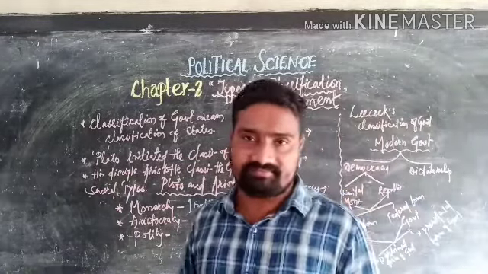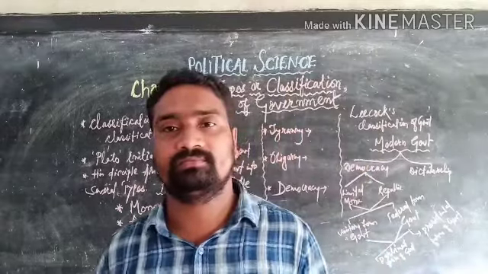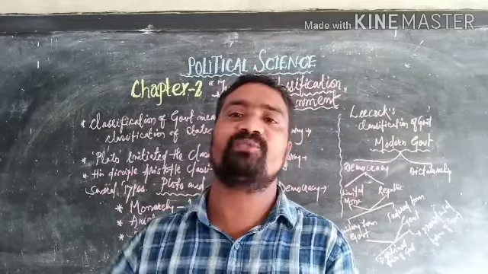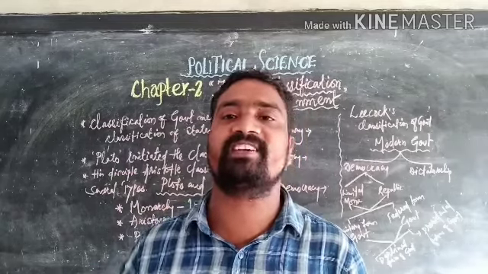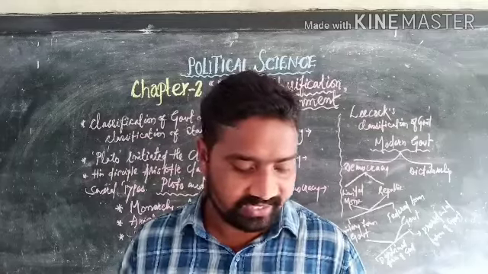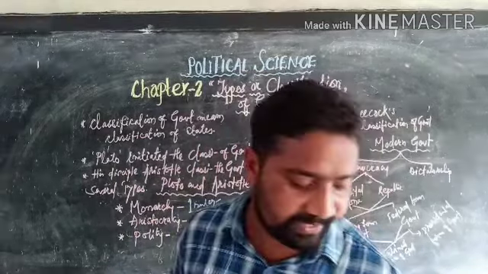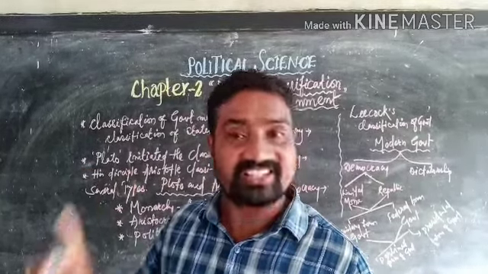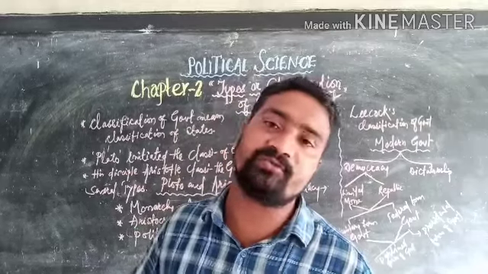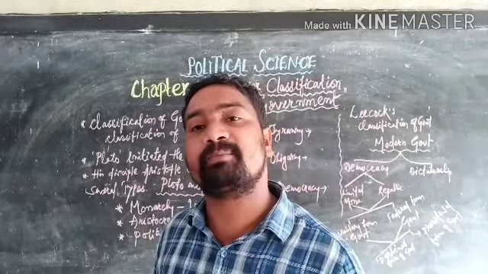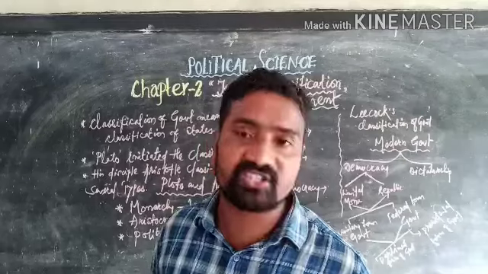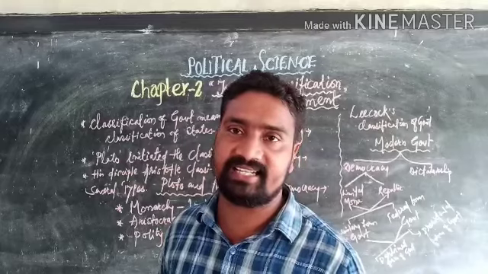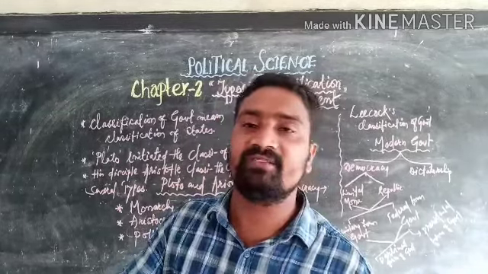What is democracy? All of you know, I suppose. Yes or no? Because from class 4, 5 onwards you have been studying democracy. Yes or no? So it is a system of government where the citizens of the state exercise their power to rule the state either directly or indirectly by electing their representatives.